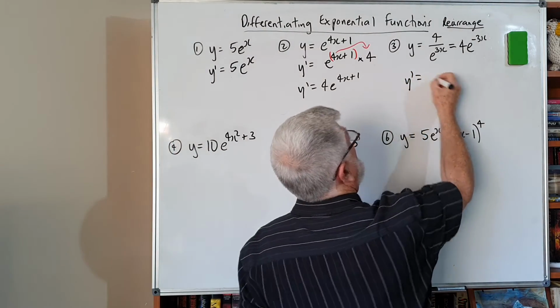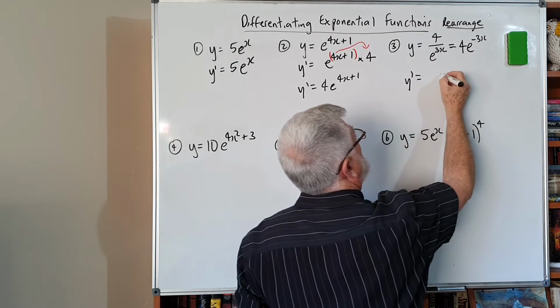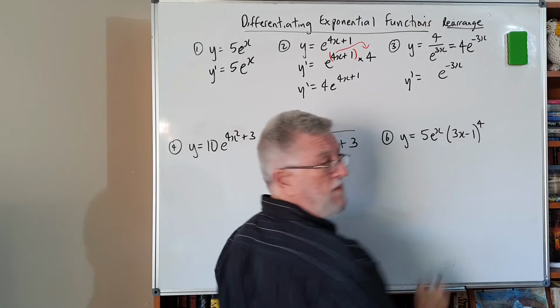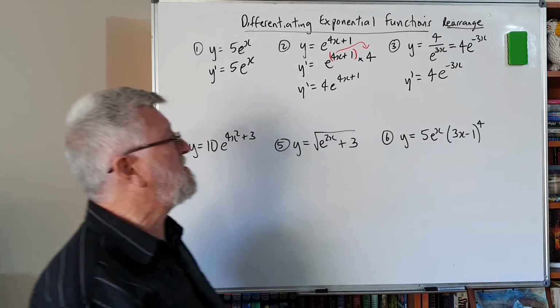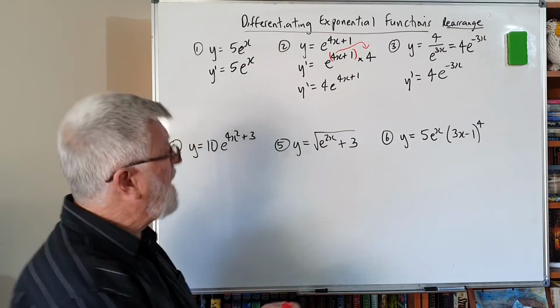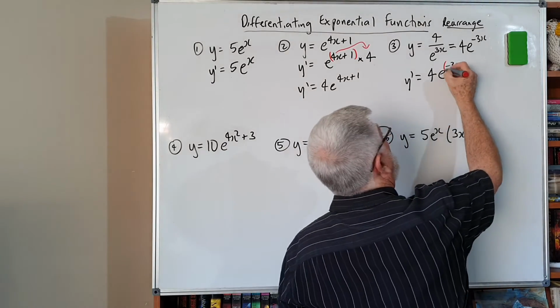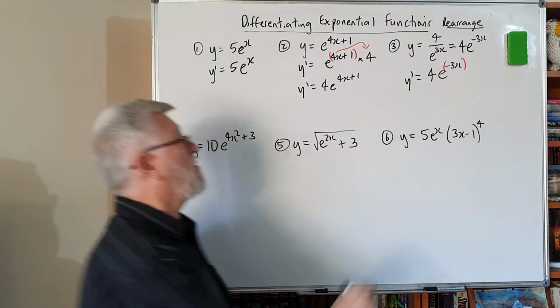So the derivative is the e section, if I cover over the 4 again, the e to the minus 3x has to stay the same. It's got the 4 there, like I talked about a moment ago, for the ride, still there for the ride. Now it's more complicated inside. Maybe I do this again with a red bracket and say it's more complicated on the inside. How much more complicated?